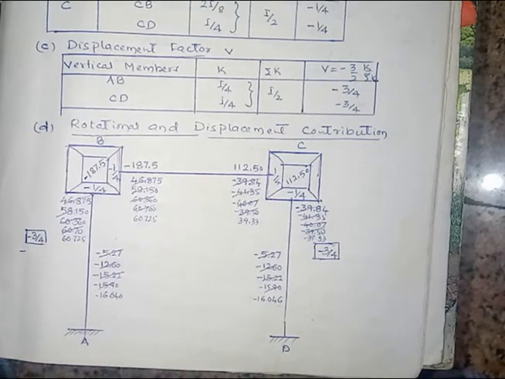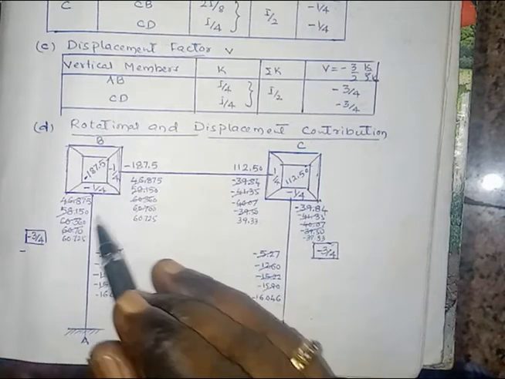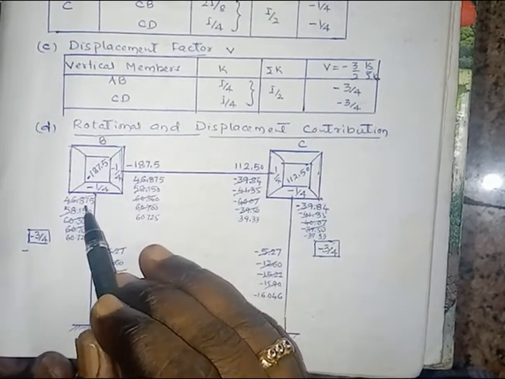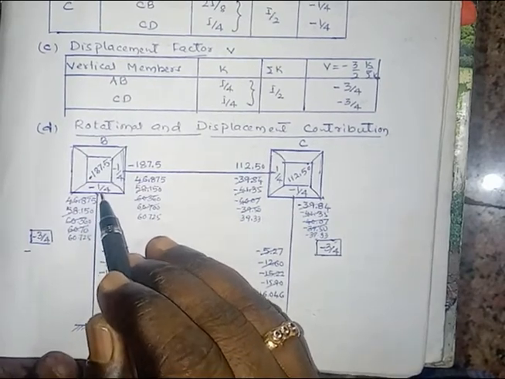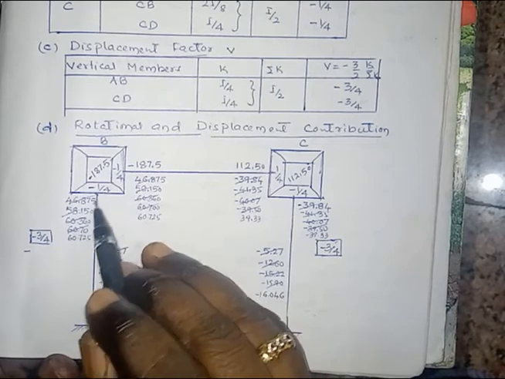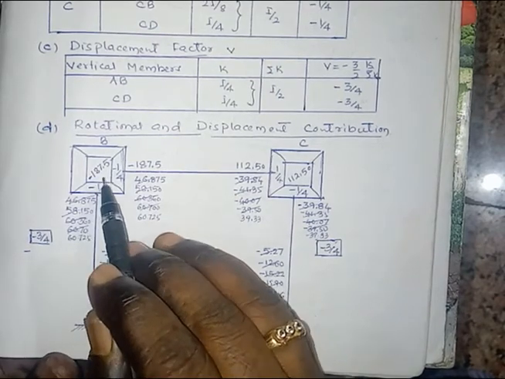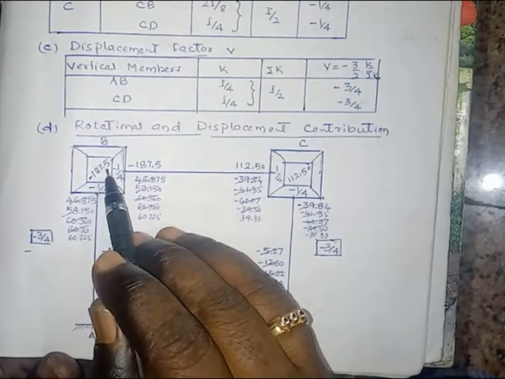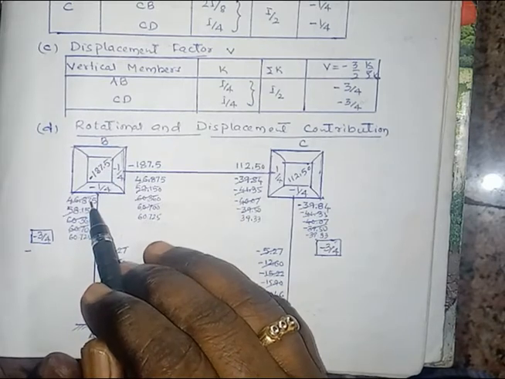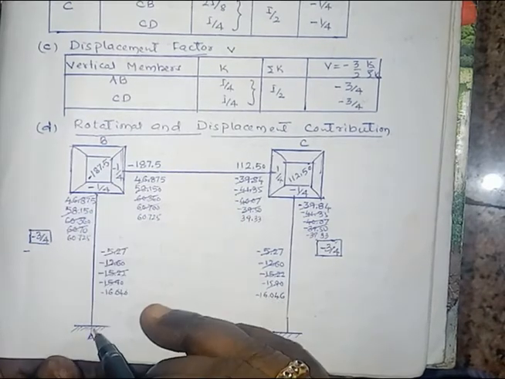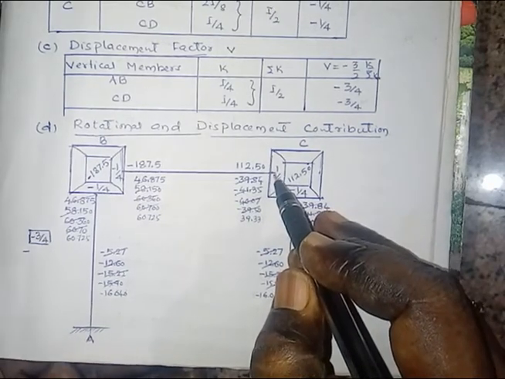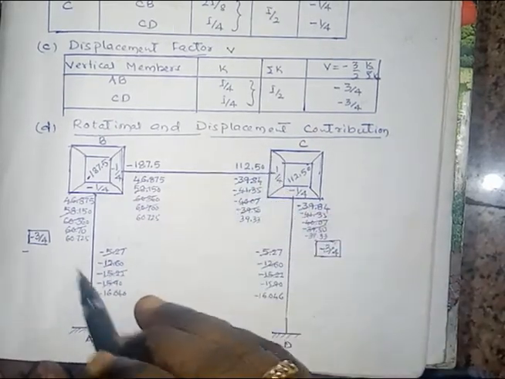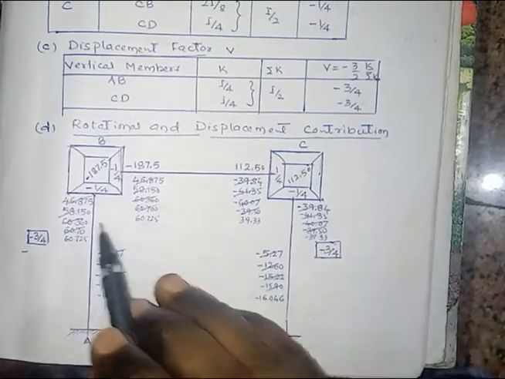Now we can calculate the rotational and displacement contributions, starting from B. M dash BA equals the rotational factor, that is minus 1 by 4, times, inside the bracket, the sum of the fixed end moments, minus 187.5, plus the far end contribution from A, that is 0, from C, that is 0, plus the displacement contribution, that is also 0.